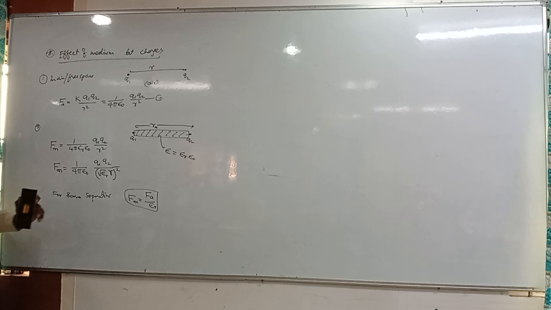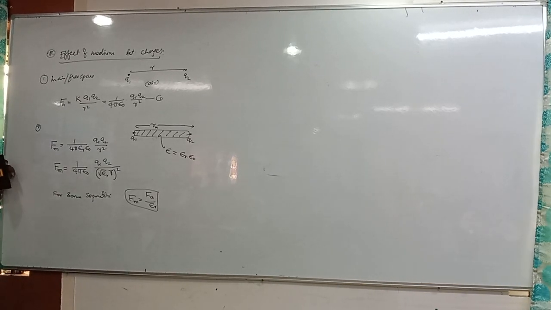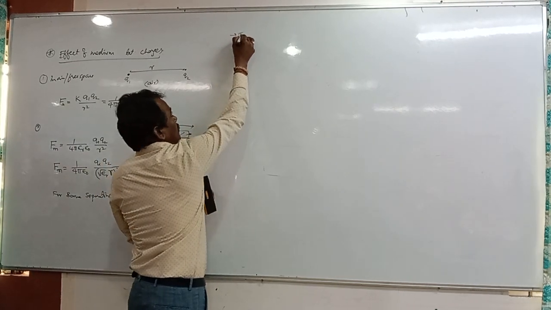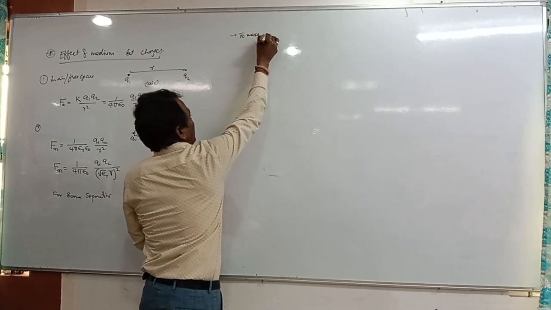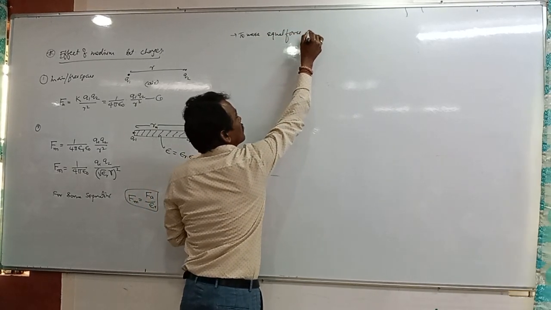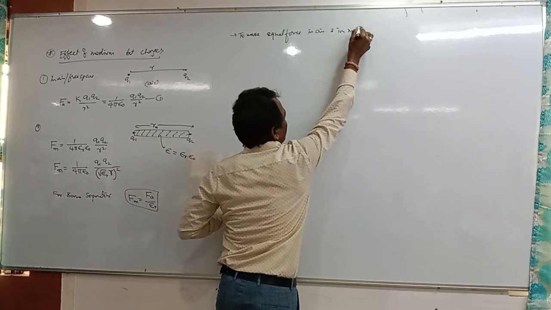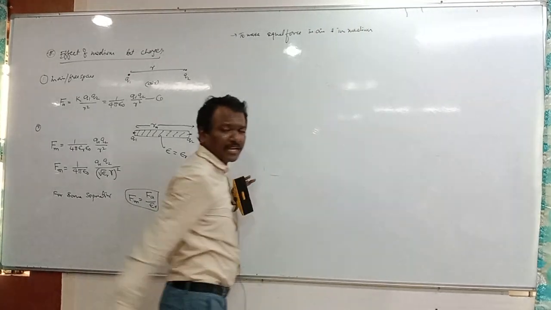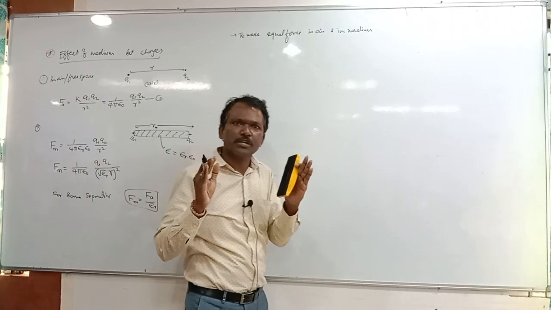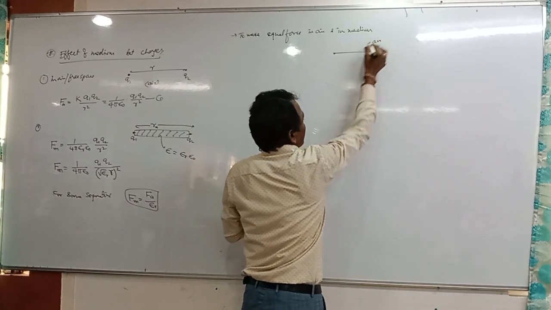Okay? And see, for equal force, what? To make equal force in air and in the medium, what amount of force is there? Suppose 100 newtons of force is there in the air.